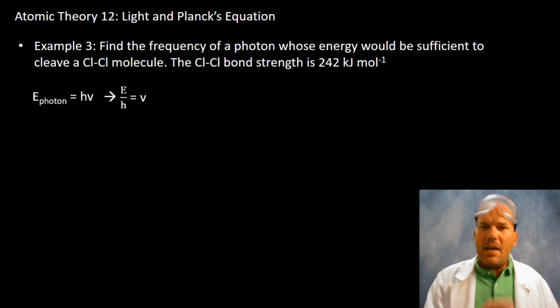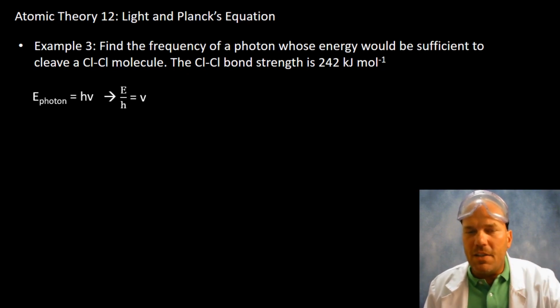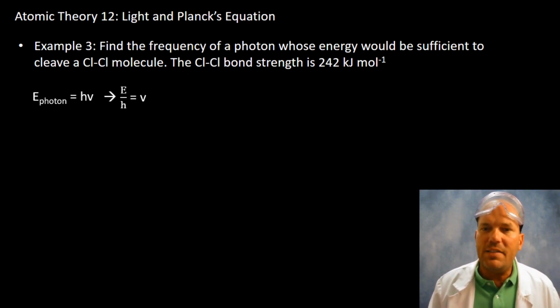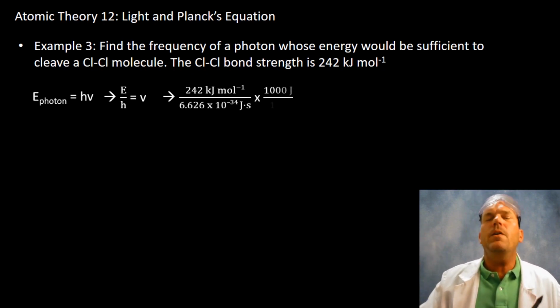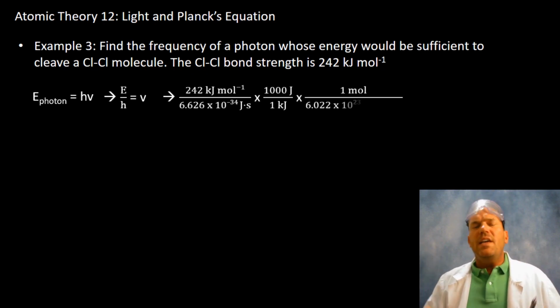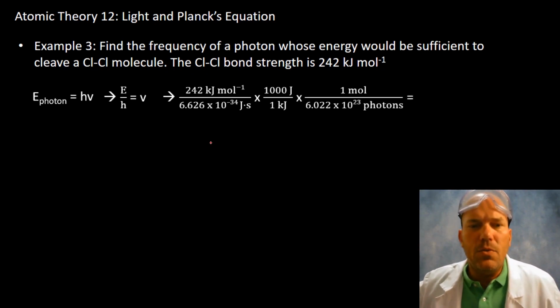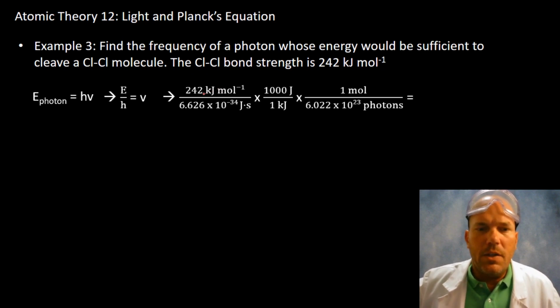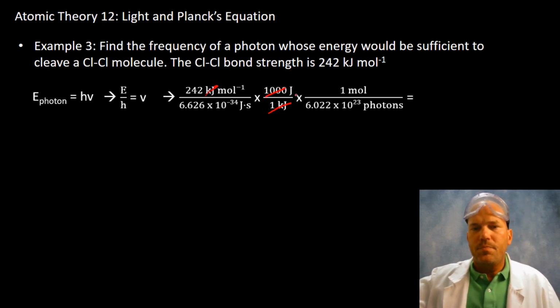And that is what you can use to determine the frequency by plugging in the energy you were given, and you already know Planck's constant. You just need to make sure that you are converting kilojoules into joules so that you are using the correct units. All right, so kilojoules, in 1 kilojoule there are 1,000 joules.